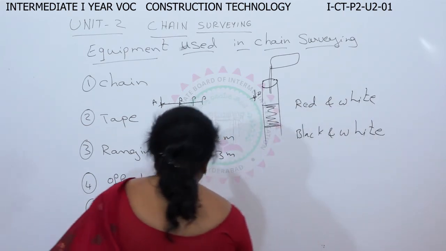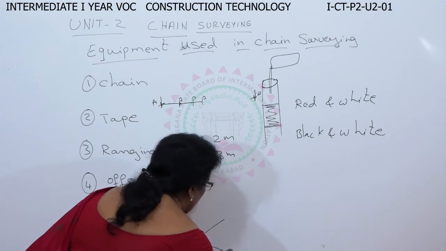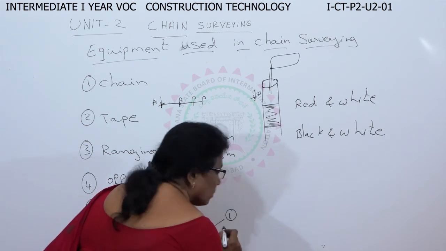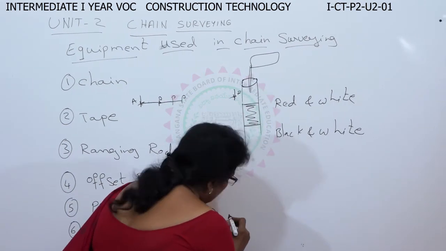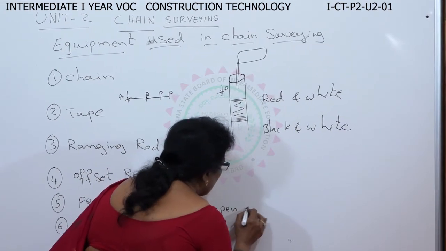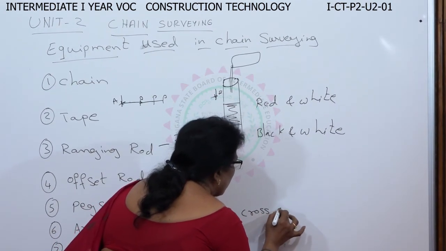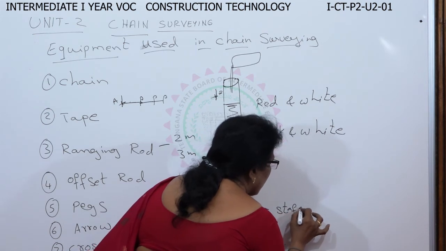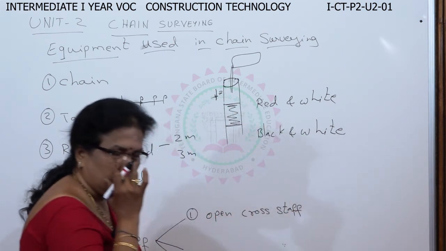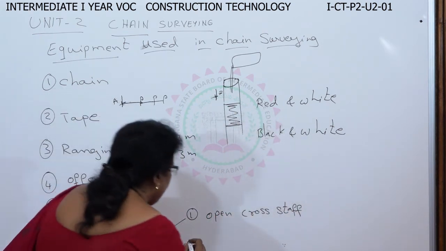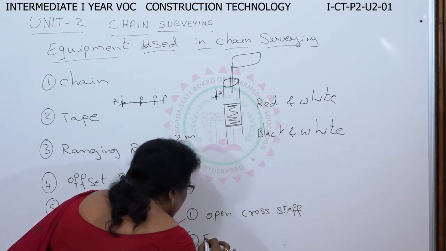You have three types of cross staff. One is the open cross staff.